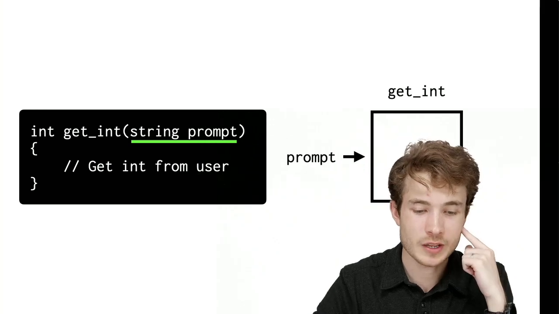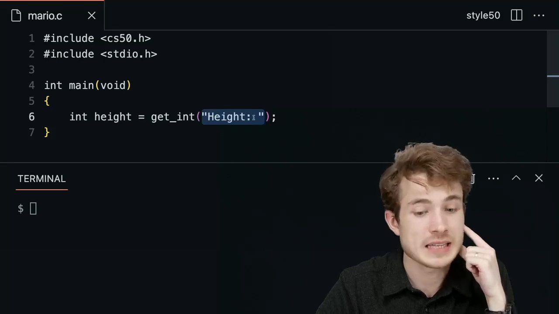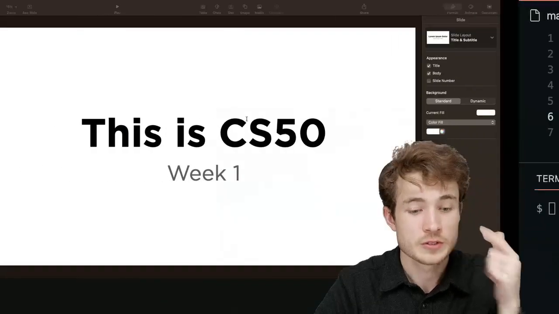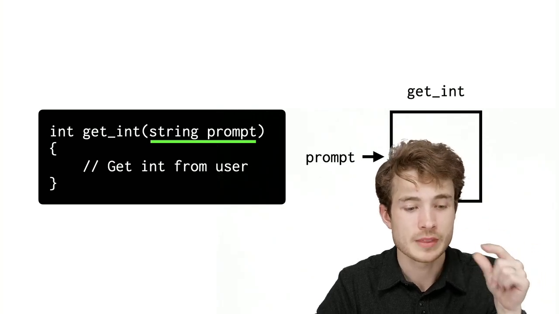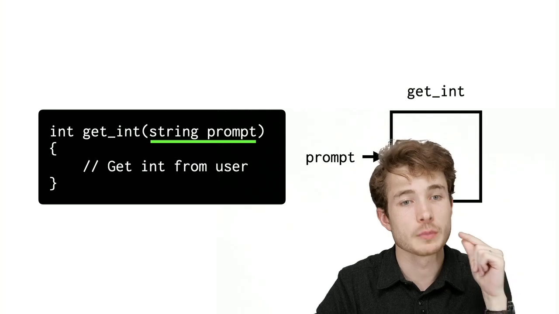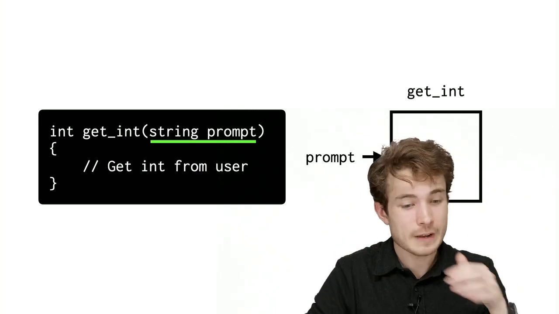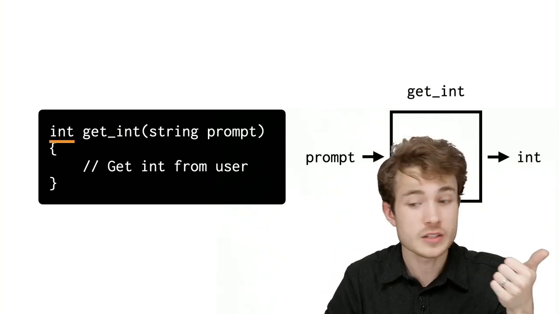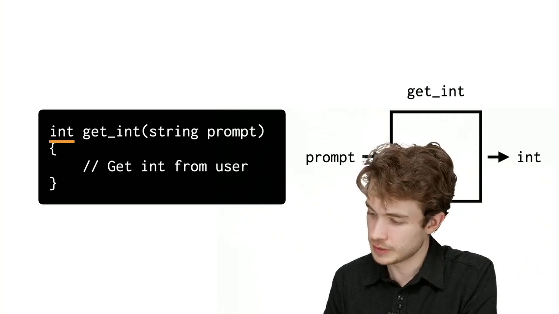So notice how when I used getInt, I typed in a string as the input to getInt. This input was height, followed by a colon. So in this case, we see that getInt takes a string that within that function is called prompt. And then what does getInt give us? Well, at the very end of the day, it gives us back an integer, a whole number that the user actually typed in themselves.